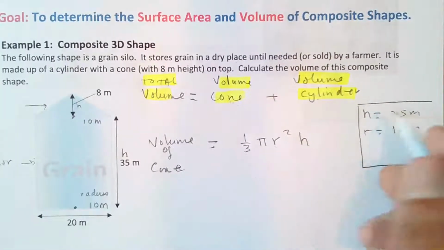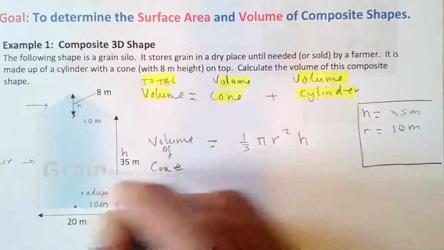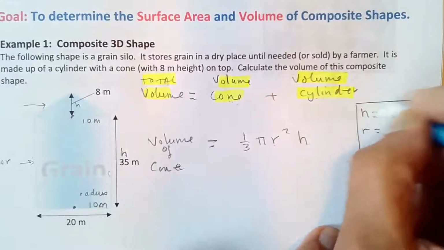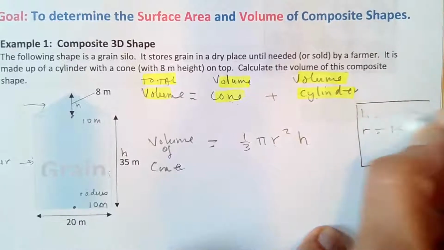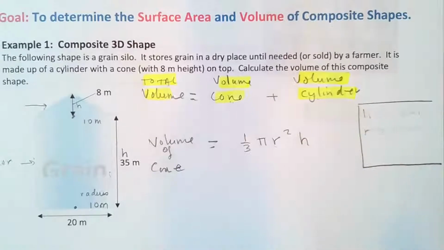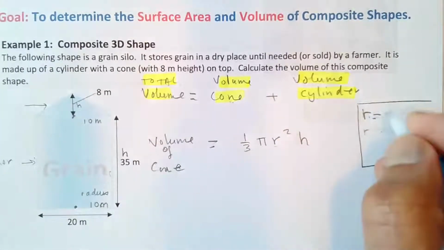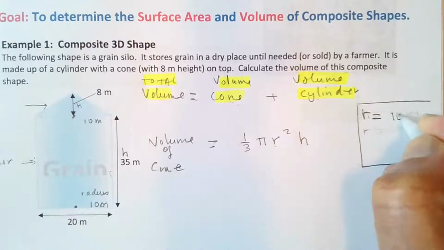So for the cone, we need a radius and a height. This is the height of the cone. Now, the height of the cone is not 35, that's the height of the cylinder. So let's clarify that here and write this a little bit more orderly. We have our radius for both of these, for cone and cylinder, is 10 meters.